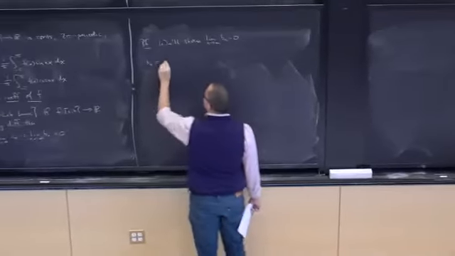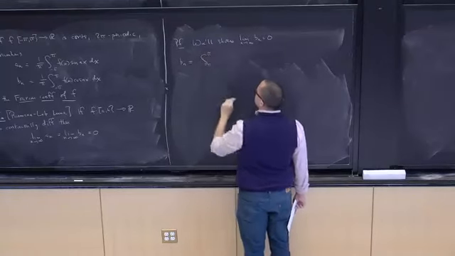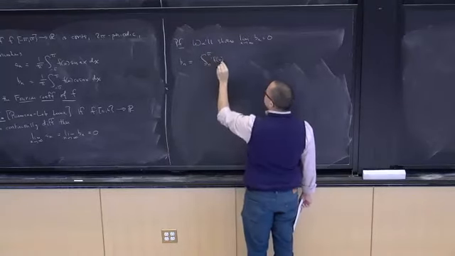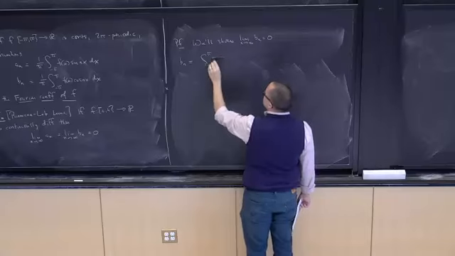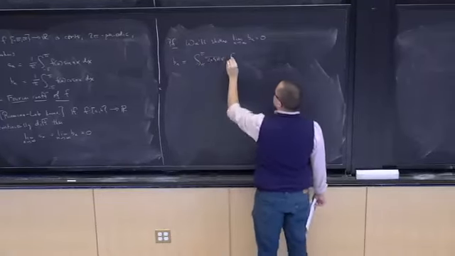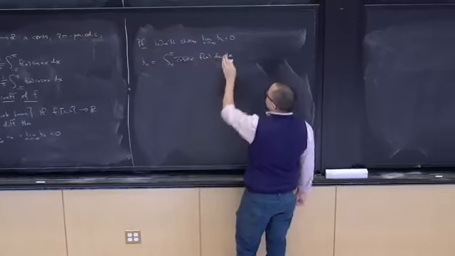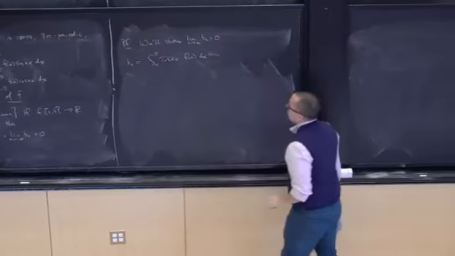Okay. So let's look at b_n. This is equal to the integral from minus pi to pi of f of x, and in fact, let me write cosine nx times f of x dx.